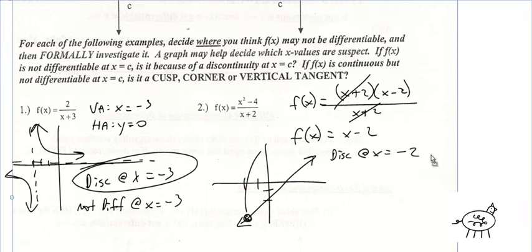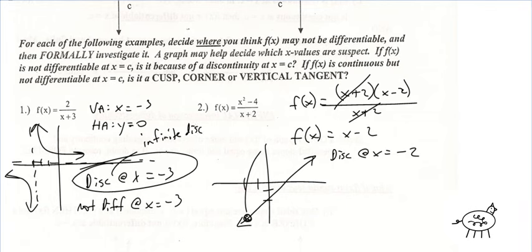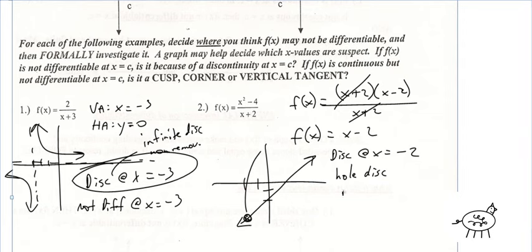Oh, by the way, I didn't really talk about what type of discontinuity. That's not a bad thought to do here. It's an infinite discontinuity, and it is non-removable. Okay, and what about this one? This is a hole discontinuity, and this is removable.